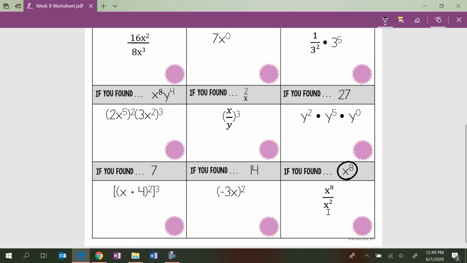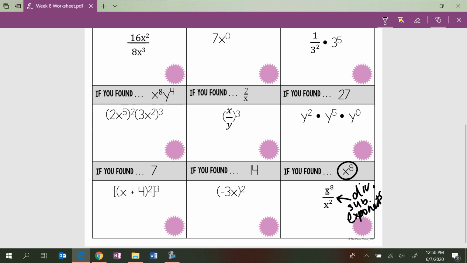So this is x to the 8th over x to the 2nd as a fraction, or you can think of it as division. When we divide, we can subtract the exponents. Okay, maybe you've remembered this a little bit.